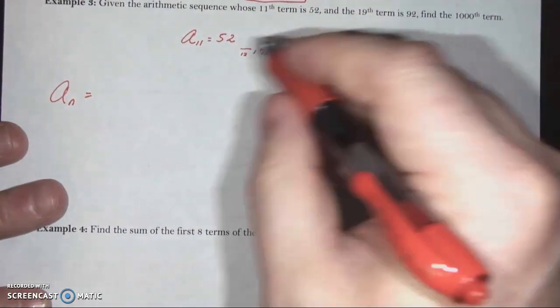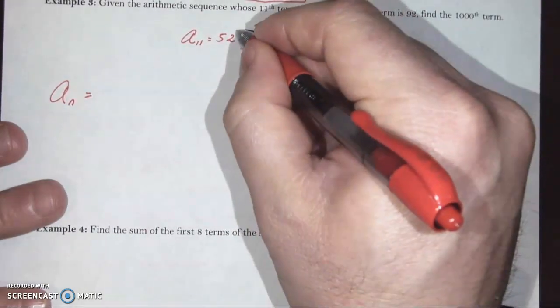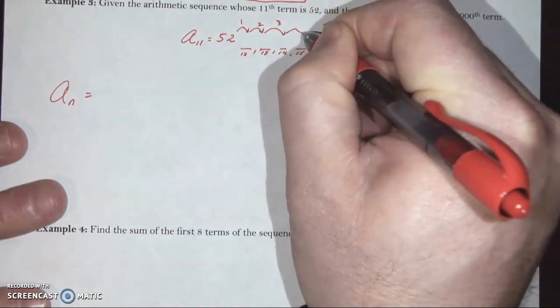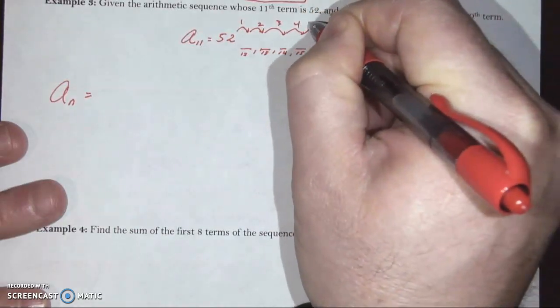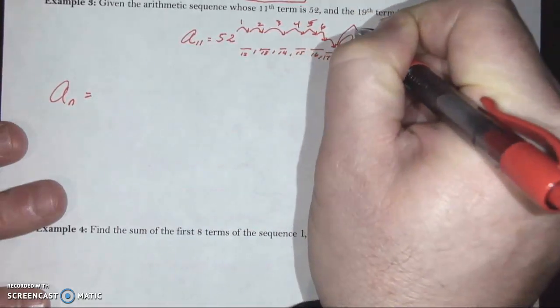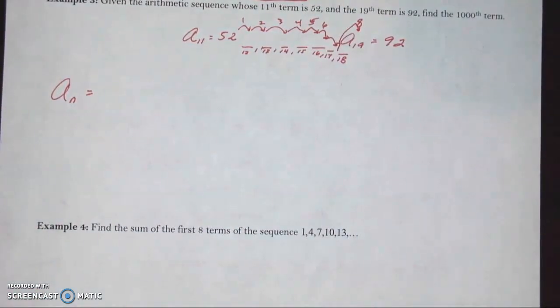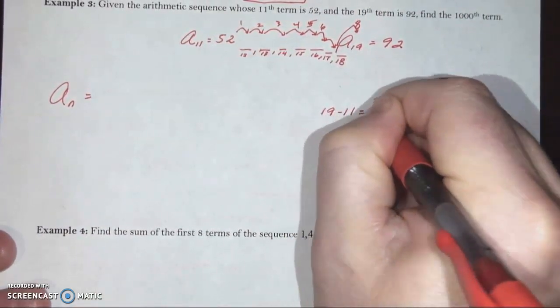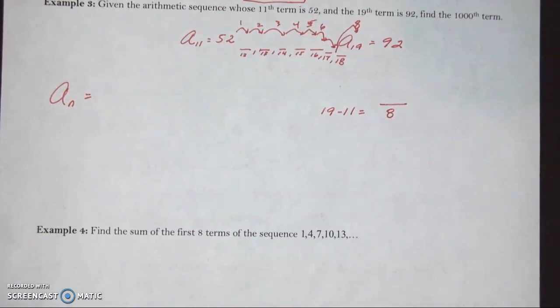From the 11th to the 19th term, we are going to be adding 1, 2, 3, 4, 5, 6, 7, 8 times. How did we know that? Well, 19 minus 11 is 8. So there will be 8 additions between the 11th and the 19th term.